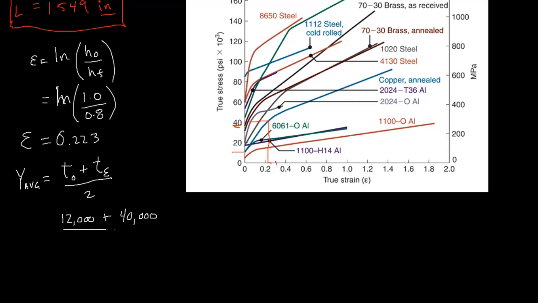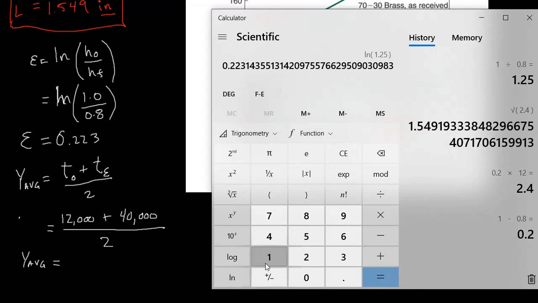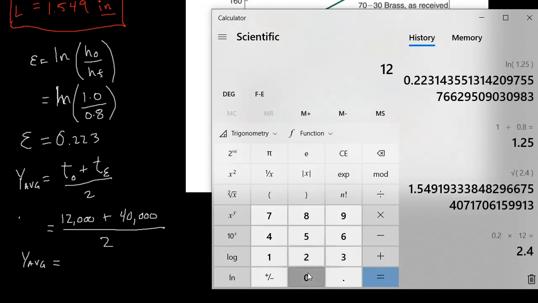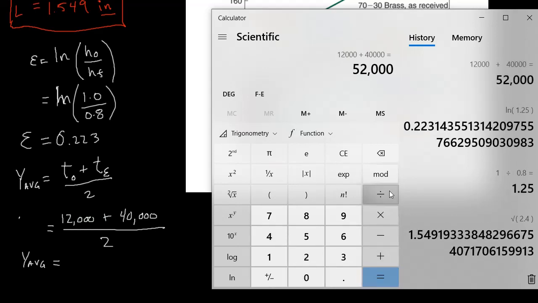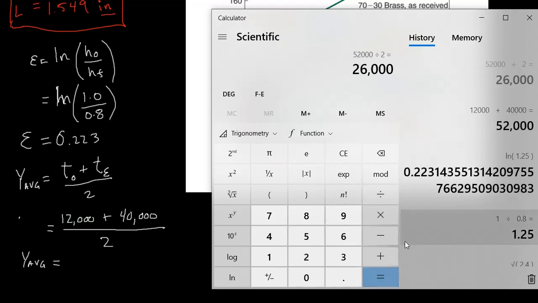Then we'll have to divide that by 2. So we'll get a Y average of 12,000 plus 40,000 divided by 2. So we get about 26,000 psi.